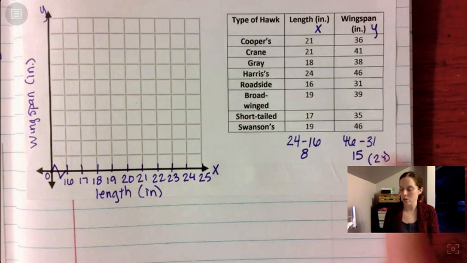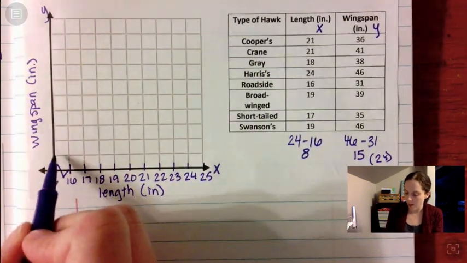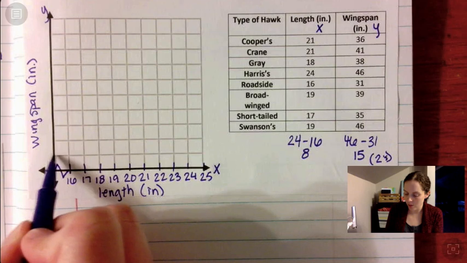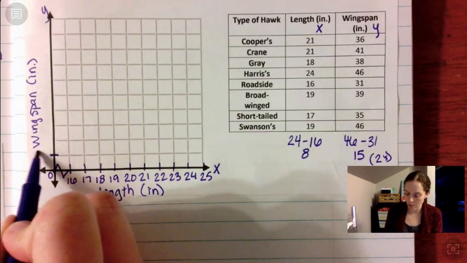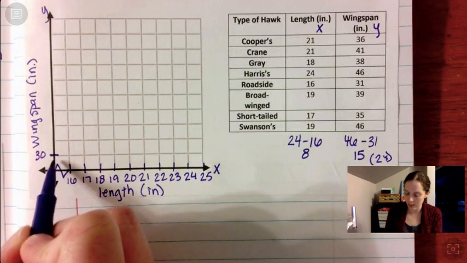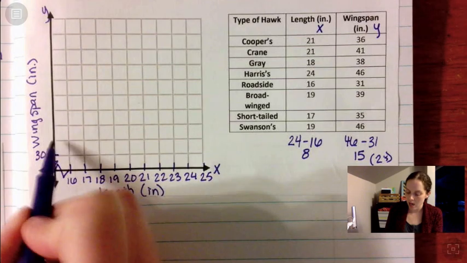Next, the wingspan. So the lowest was 31. And I'm going to count by 2. So actually what I'm going to do is, instead of counting like 31, 33, 35, I'm going to count by, say this is 30. And again, I'm going to put this zigzag. That means there's a break in my graph. And then I'm going to count by 2.